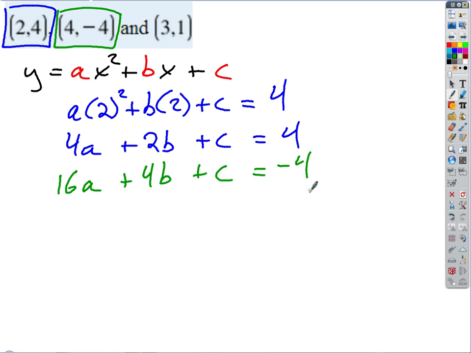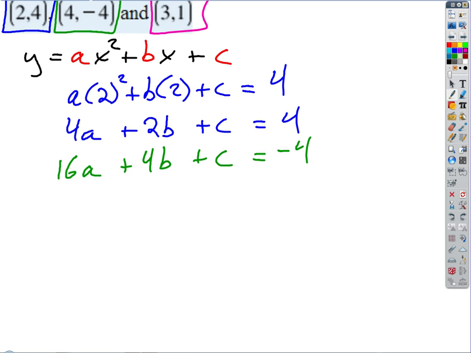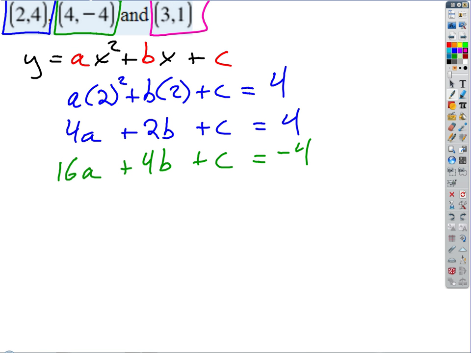Okay, if we do the third point, what's that going to give us? If I substitute 3 for x, the first term is going to give me 9a. Everybody see that? a times 3 squared. 9a plus b times 3 is 3b plus c equals 1.